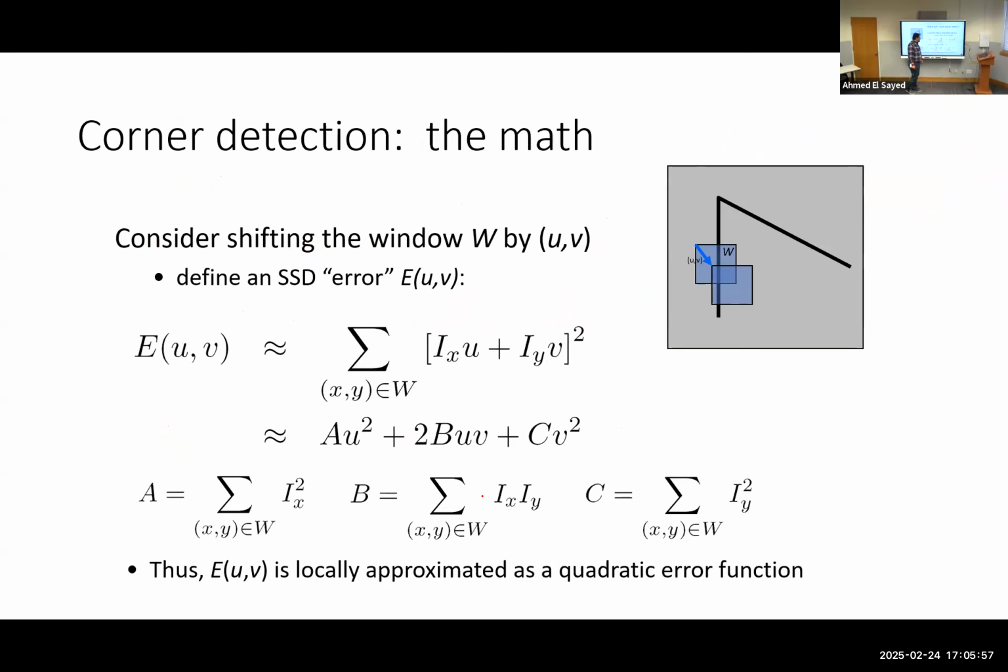So I will expand it. If you expand it, you will have IX squared U squared plus IY squared V squared plus 2 IX IY UV.